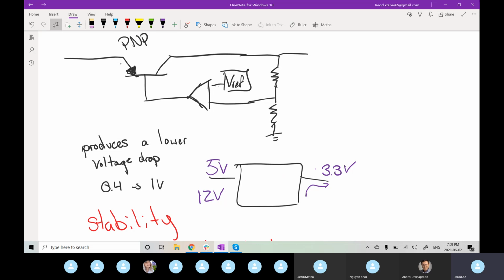But depending on full system parameters and everything, you technically could use either a standard linear regulator or an LDO for doing 12 volts to 3.3 volts.